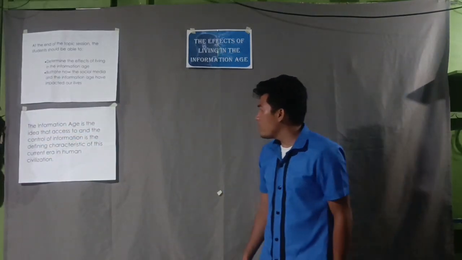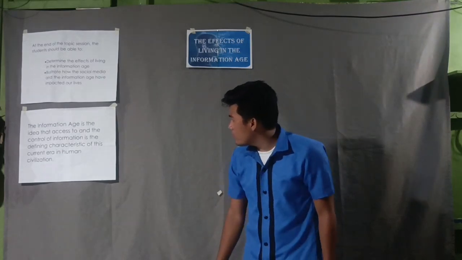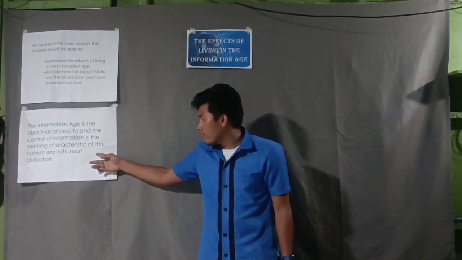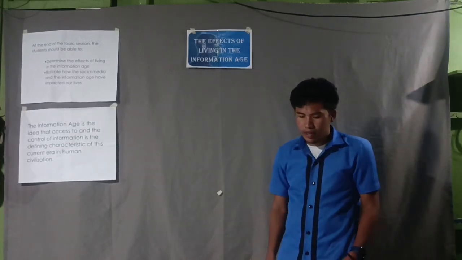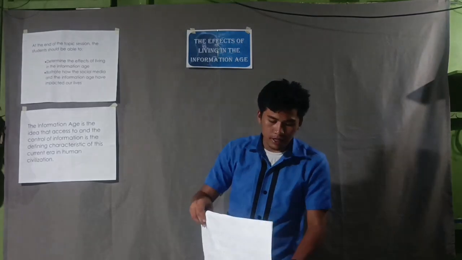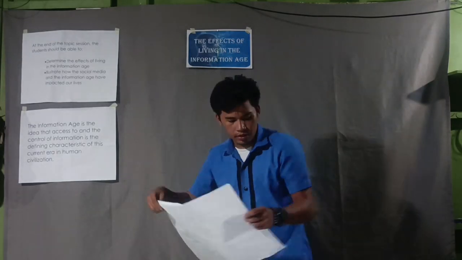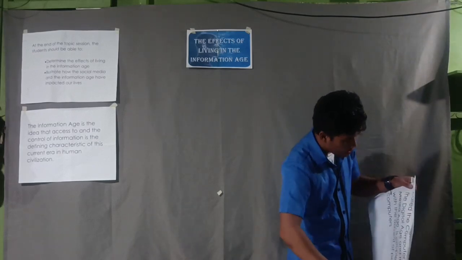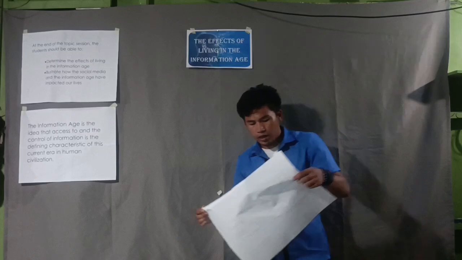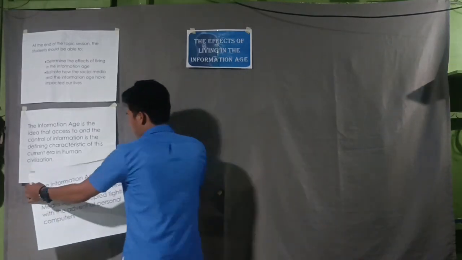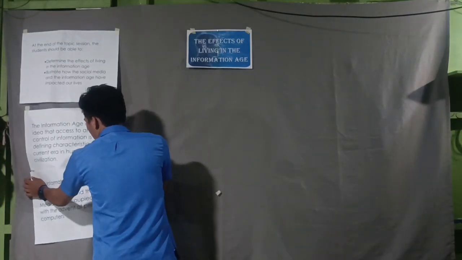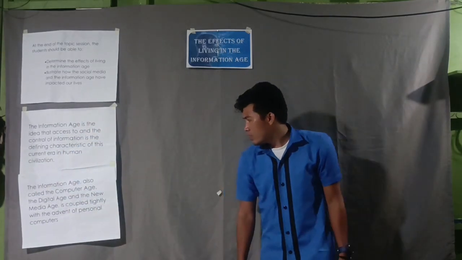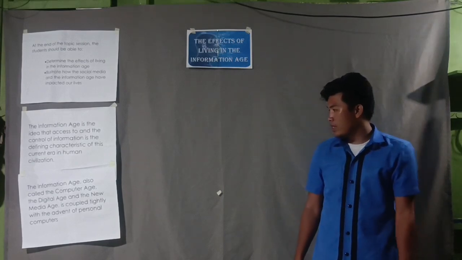Okay, the information age is the idea that access to and the control of information are defining characteristics of this current era in human civilization. The information age is also called the computer age, or the digital age and the new media age.